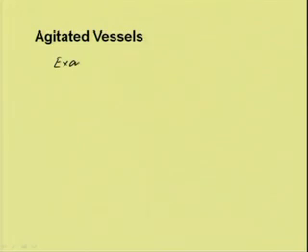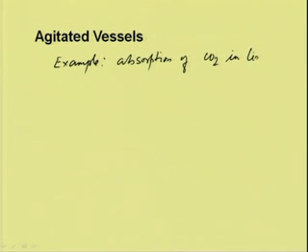The agitated vessels are generally used for gases which undergo chemical reactions with the liquid, for example absorption of carbon dioxide in lime slurry, which produces calcium carbonate, or liquid phase oxidations.